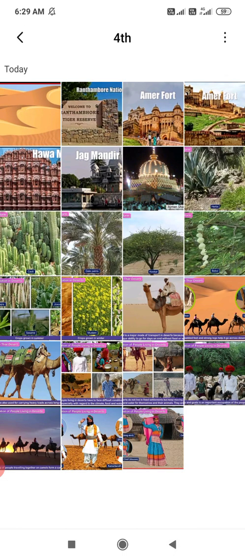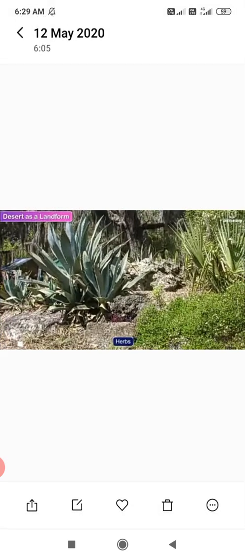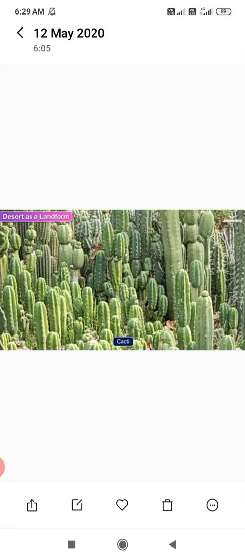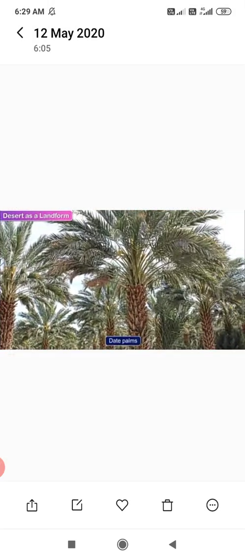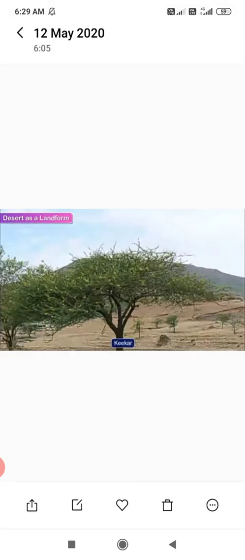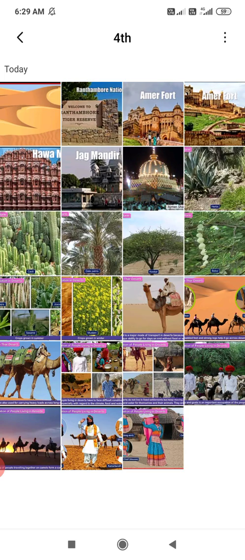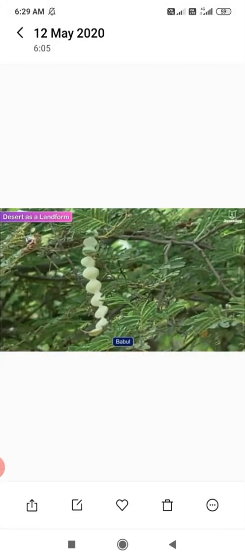Plant life exists only in the form of thorny shrubs, herbs, cacti, date palms, kikar, and babool. These plants do not need much water.